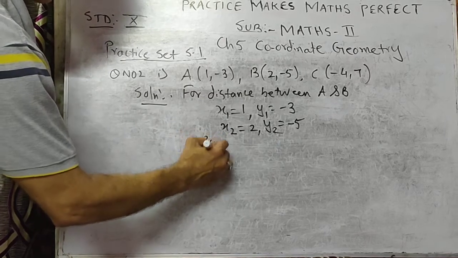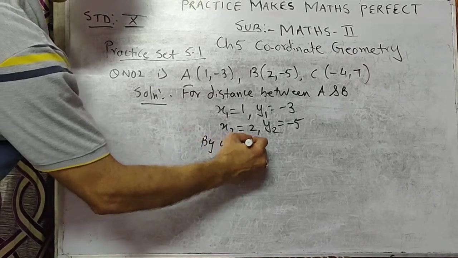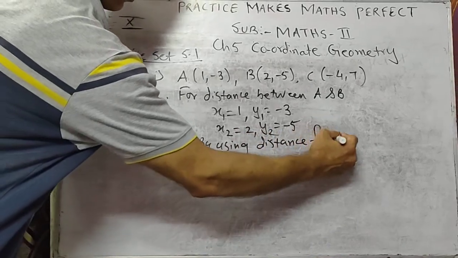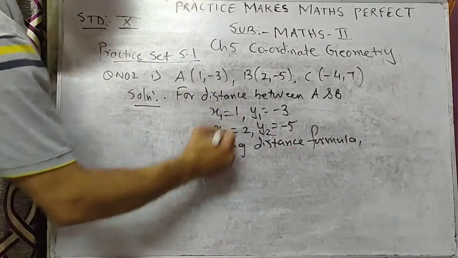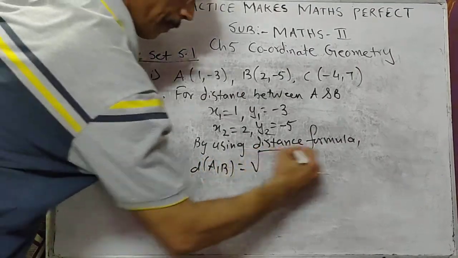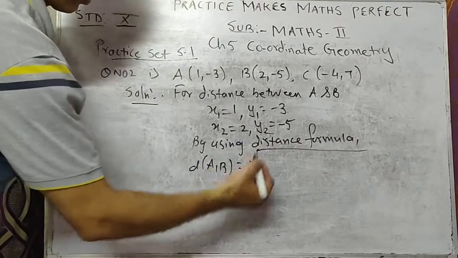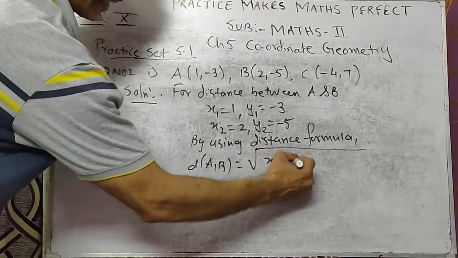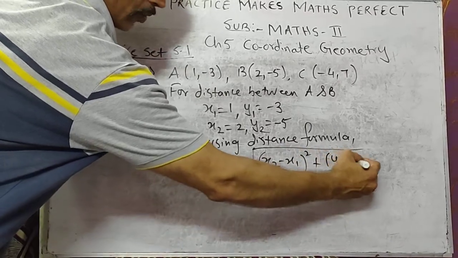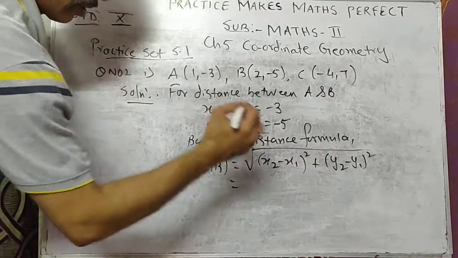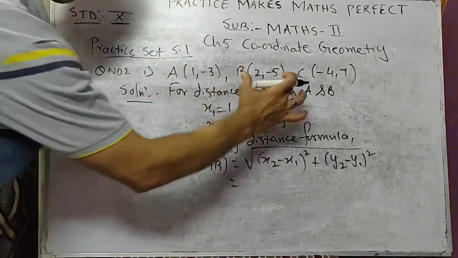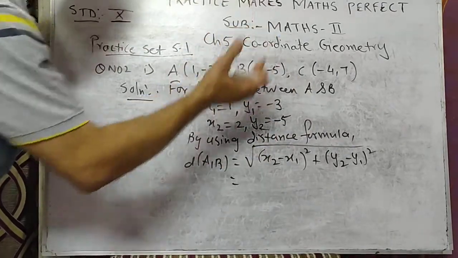So by using the distance formula, distance A comma B is equal to, the formula you know very well, square root of x2 minus x1 the whole square plus y2 minus y1 the whole square. First of all we are solving AB, then next BC, then AC.